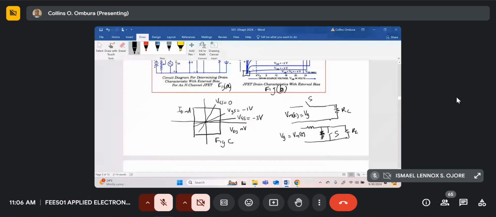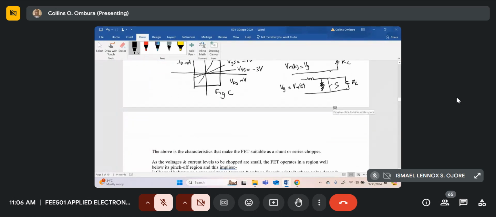So let's consider the notes I've given about the switch. I've said here that the above is the characteristics of the FET, suitable as a series or shunt chopper.